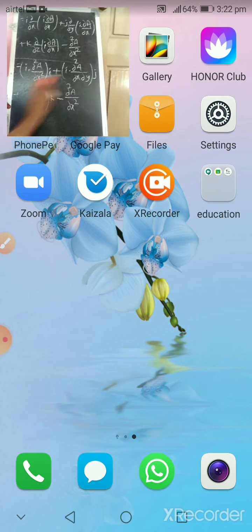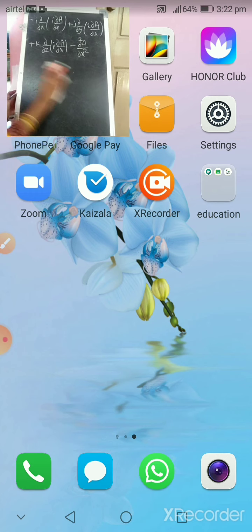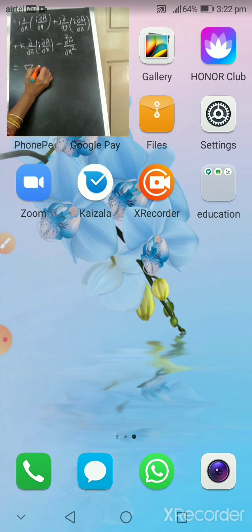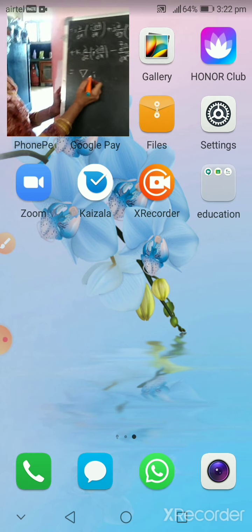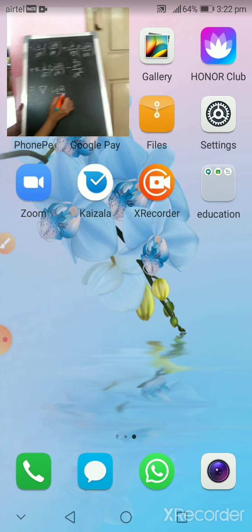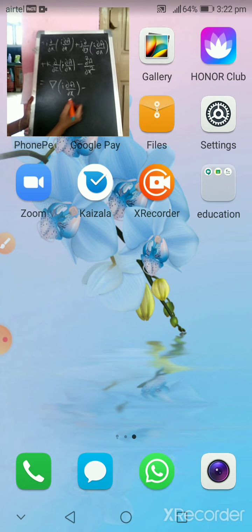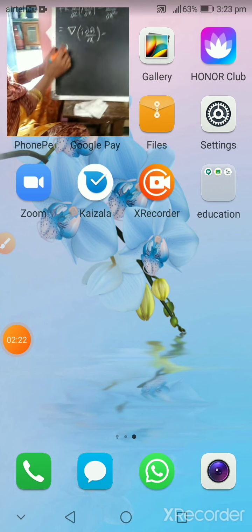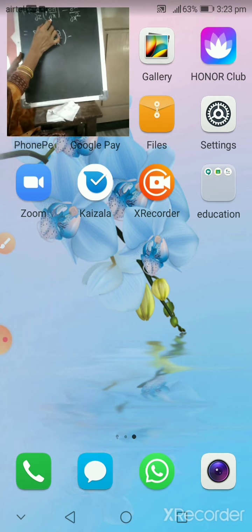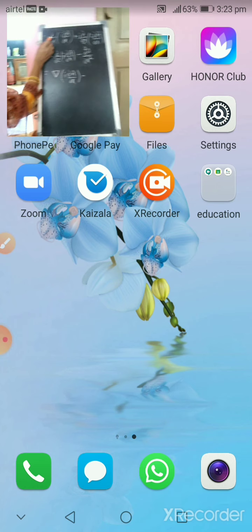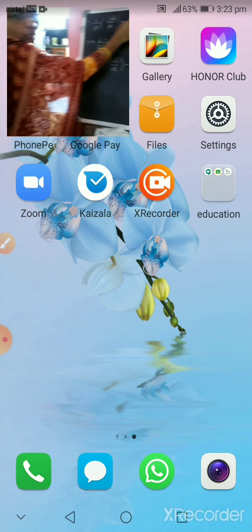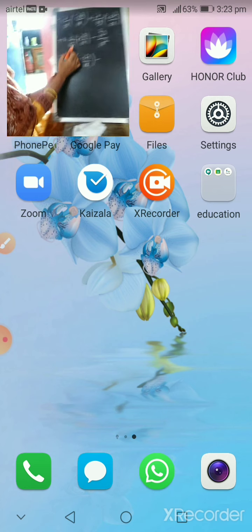So here we can write as grad (i ∂A/∂x) minus, so i ∂/∂x of something plus j ∂/∂y of something plus k ∂/∂z of something. Here i ∂/∂x of, suppose f. So i ∂f/∂x plus j ∂f/∂y plus k ∂f/∂z, so that is grad f.